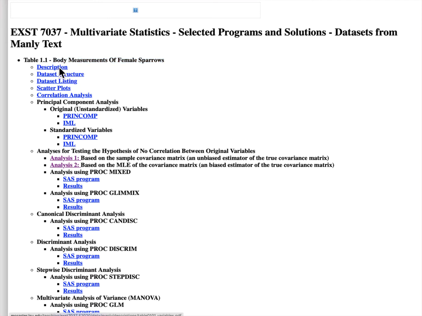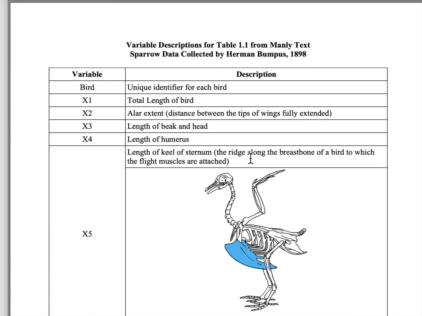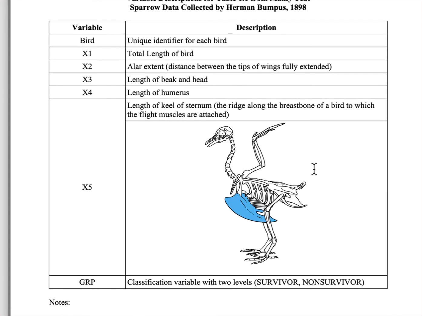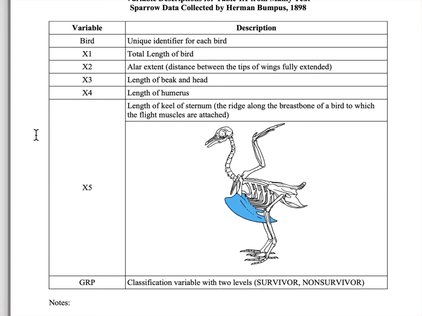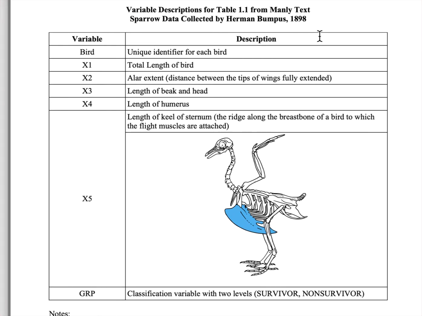Now remember, the data set contains 5 measurements on various characteristics of birds that had been injured during a storm back in 1898 and had been taken to the lab of Herman Bumpus.